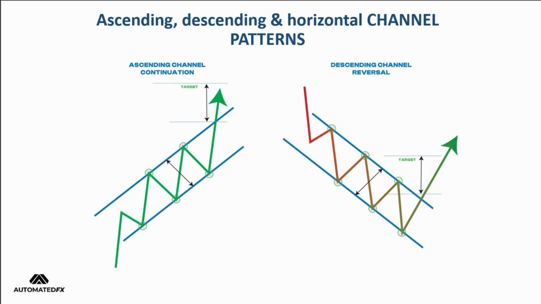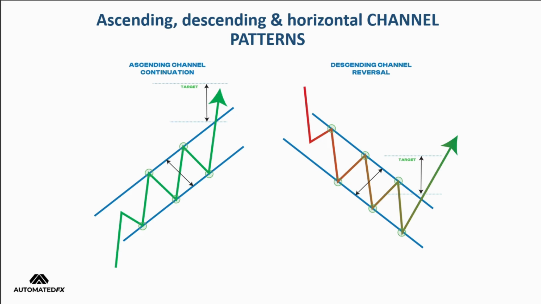In an ascending channel, price moves upward between two parallel lines. This reflects a controlled uptrend where higher highs and higher lows are formed.